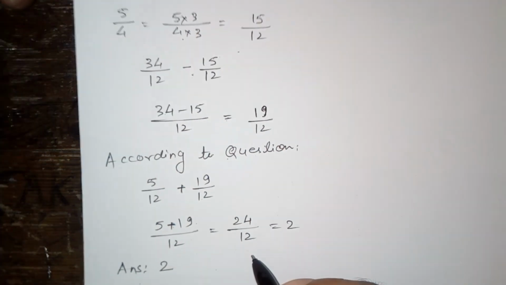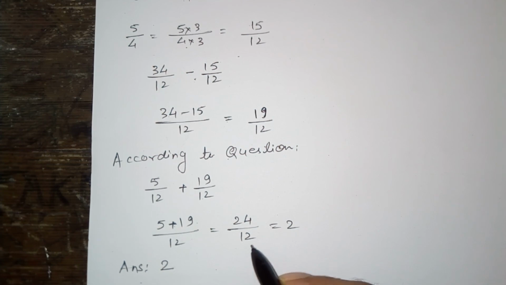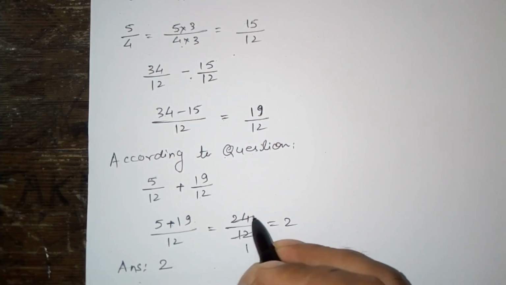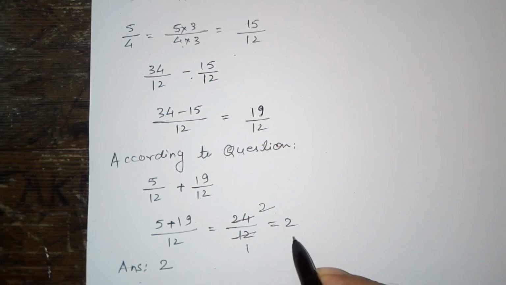After cancellation, 12 ones are 12, 12 twos are 24. This is 2. So the answer of the required question is 2.